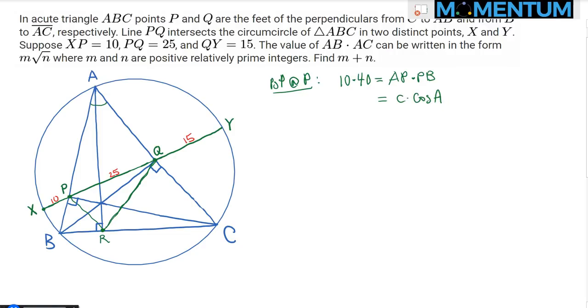Again, all I did was to use, oh sorry, this is not C, this is a B. AC is just B, yes. B times cosine. Where did I find this? All I did is focusing on right triangle APC.